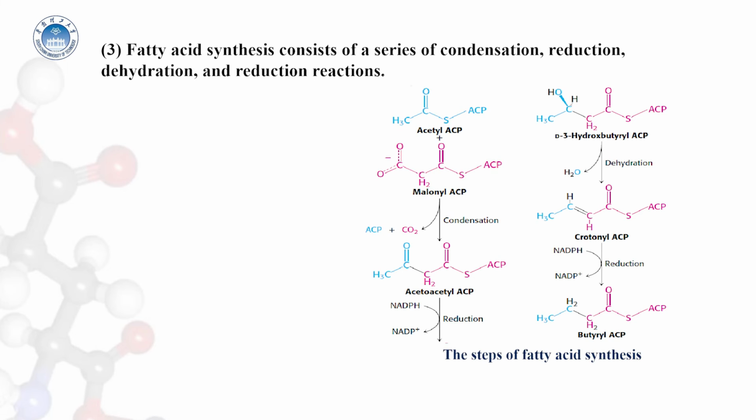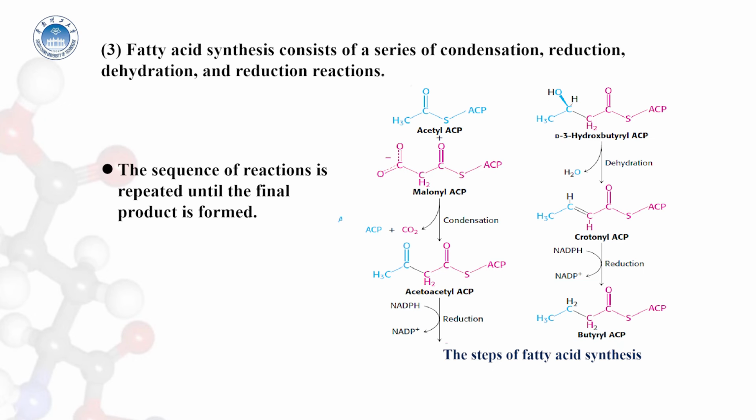The next 3 steps in fatty acid synthesis reduce the keto group at carbon 3 to a methylene group. These last 3 reactions, a reduction, a dehydration, and a second reduction, convert acetoacetyl ACP into butyryl ACP, which completes the first elongation cycle.